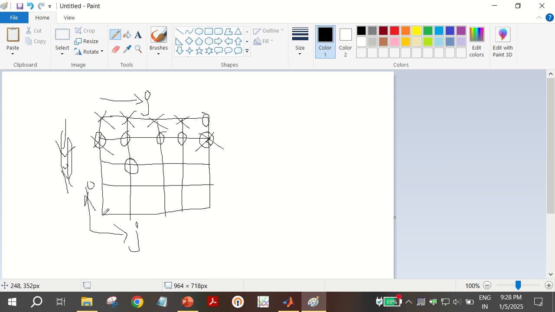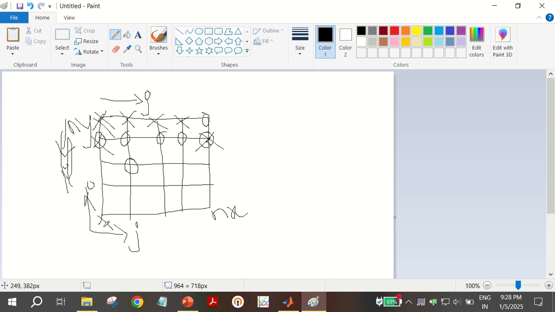So i will start from 1 to ny, where ny is the number of grid points in the y direction. j will start from 1 to nx, where nx is the number of grid points in the x direction. That is the way in which you define nx and ny.